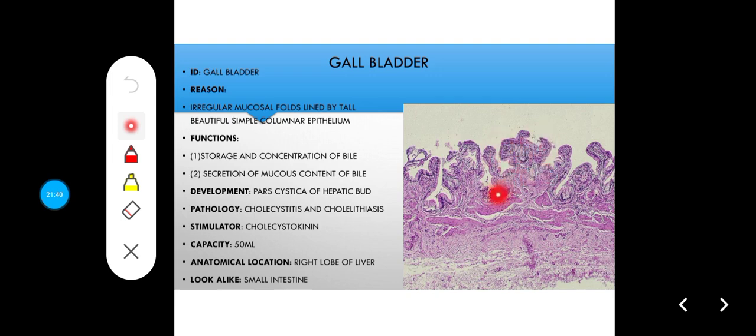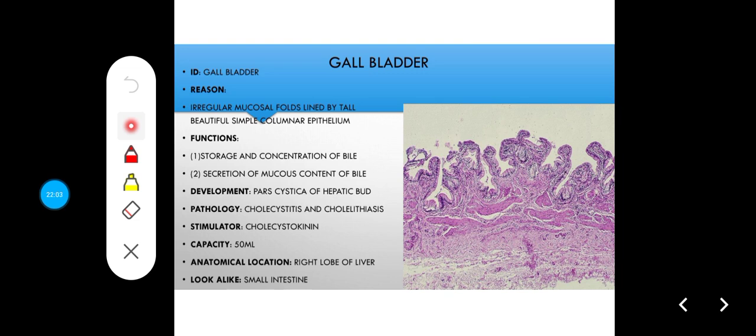Look at the irregular mucosal folds, and the simple columnar epithelium, though you might not really appreciate that in this image. Also, the gallbladder doesn't have a submucosa.